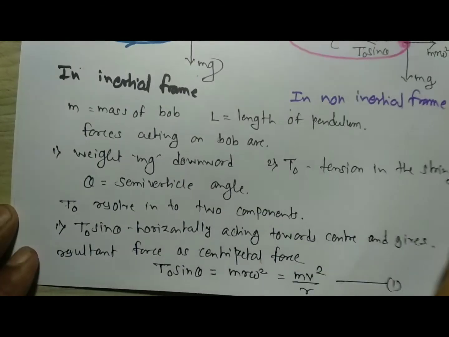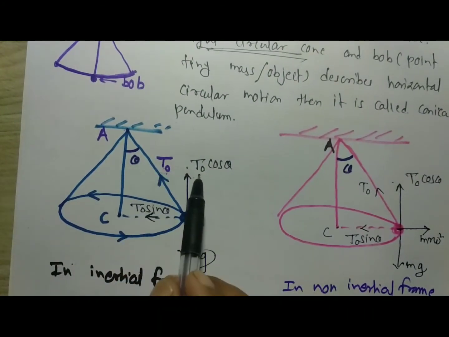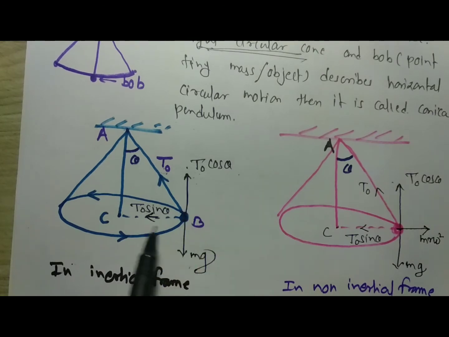Once again I explain that T0 is resolved into two components. One is T cos theta and the other is T sin theta.